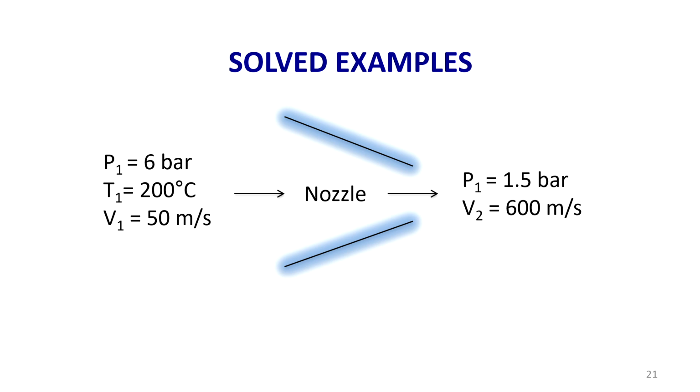Now, this is the schematic of the nozzle. The steam is entering at a pressure of 6 bar and temperature T1 is 200 degrees centigrade, velocity is 50. As I said before, a nozzle has a varying cross section area. You can see the area here at the inlet of the nozzle, and the area here.